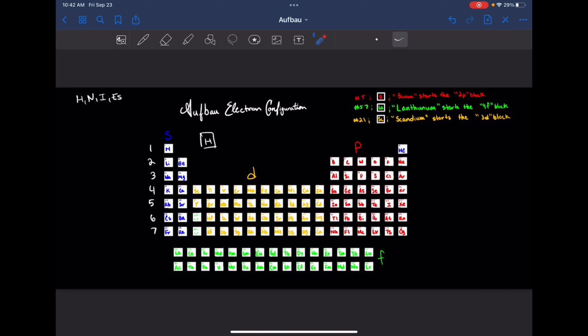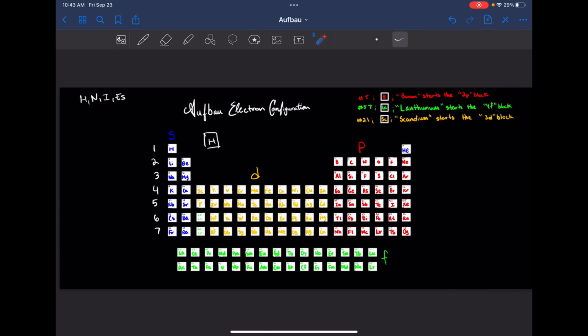So what we do is this. First, we write the period number, followed by the block, and the number of blocks that we will be counting. Now, what I mean by that is this. If we were to go to helium, it would be 1, 2.